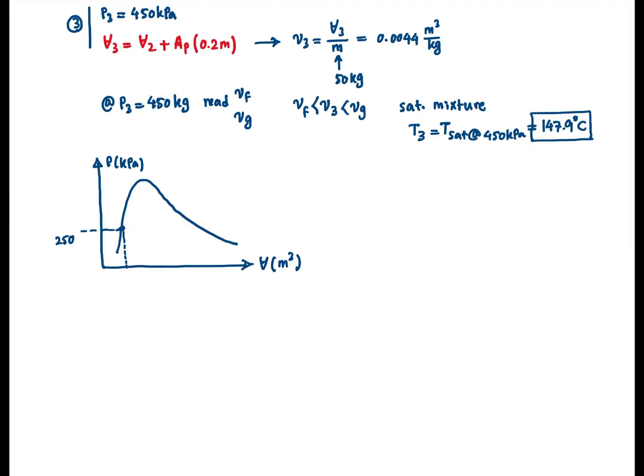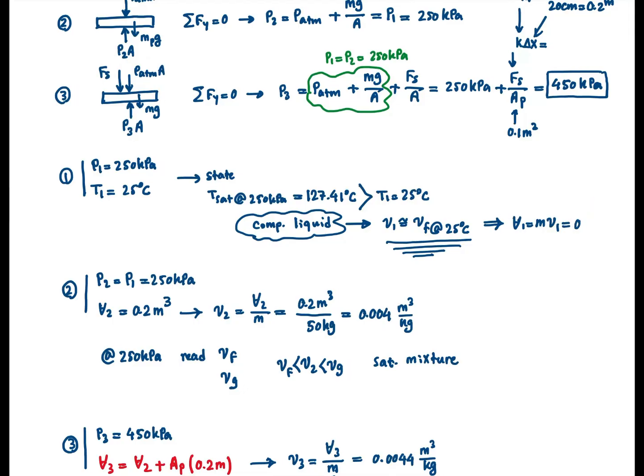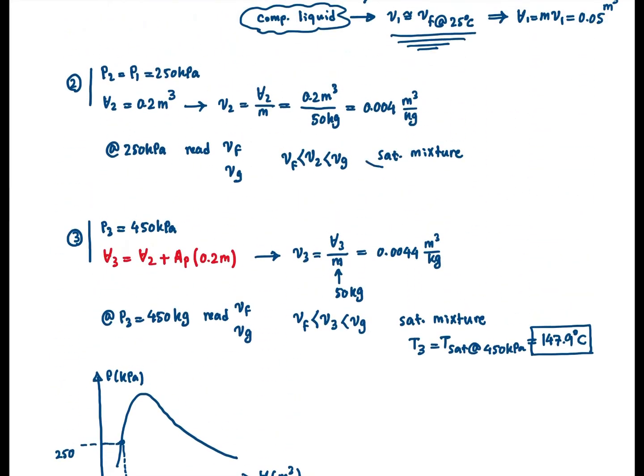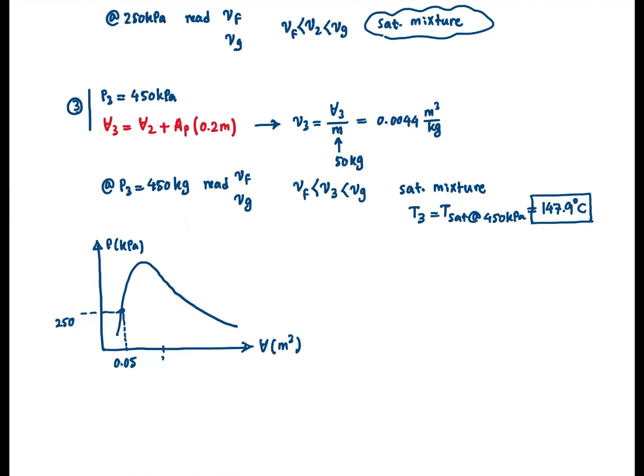Volume in state 1, where is the volume? I actually need to solve the volume here. Volume in state 1 is 0.05 meter cubed. Then state 2 is saturated mixture. Pressure is 250 kilopascal, and volume is 0.2 meter cubed. Pressure remains the same.